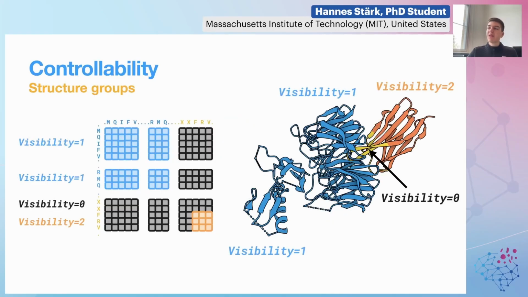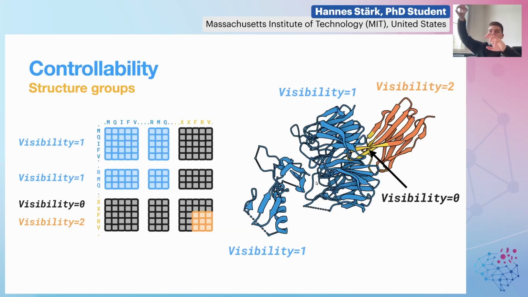And then lastly, based on an example, I will lay out how our structure group conditioning or our visibility control works. These structure groups or visibilities are explained based on this example where we want to design a nanobody, orange and yellow, that should bind to the target in blue, these 2 chains.